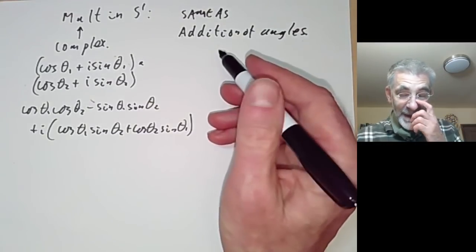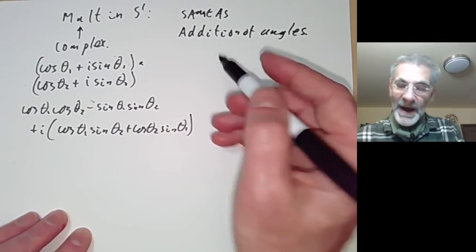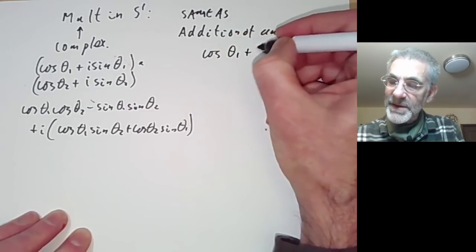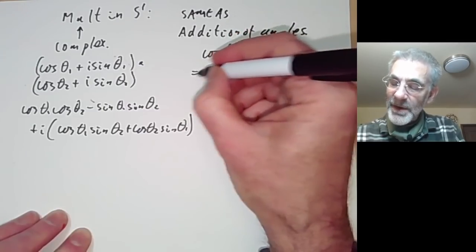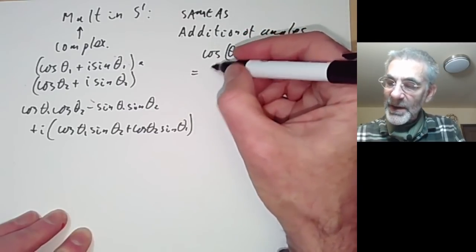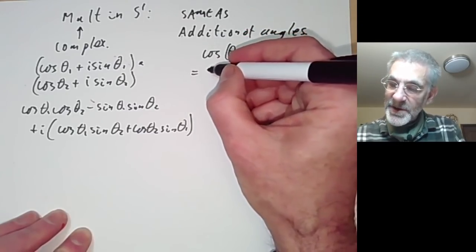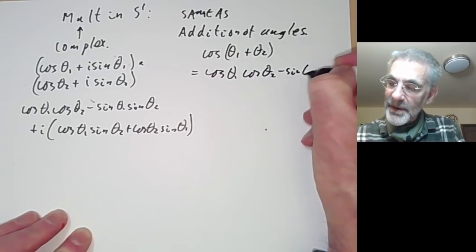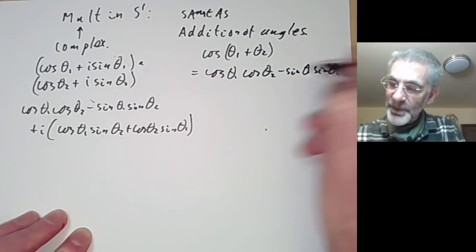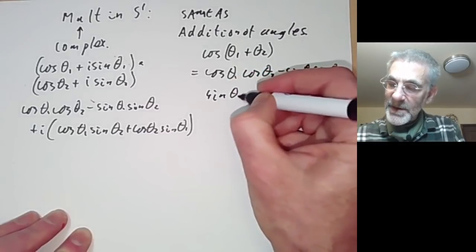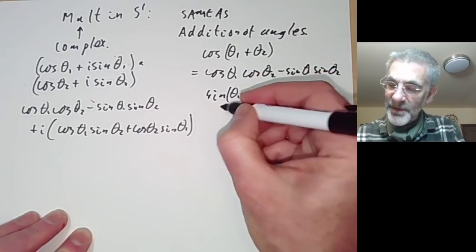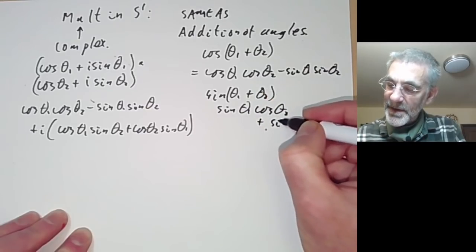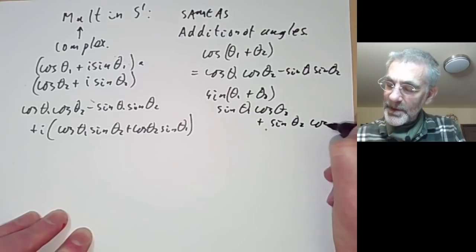On the other hand, let's see what happens if we add two angles. Well, we need to know what is the cosine of theta 1 plus theta 2. Well, if you remember from your multiple angle formulas in geometry, that's just the same as cosine theta 1 cosine theta 2 minus sine theta 1 sine theta 2. And sine of theta 1 plus theta 2 is of course given by sine theta 1 cosine theta 2 plus sine theta 2 cosine theta 1.